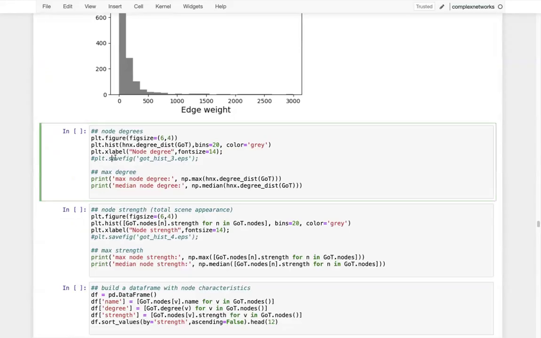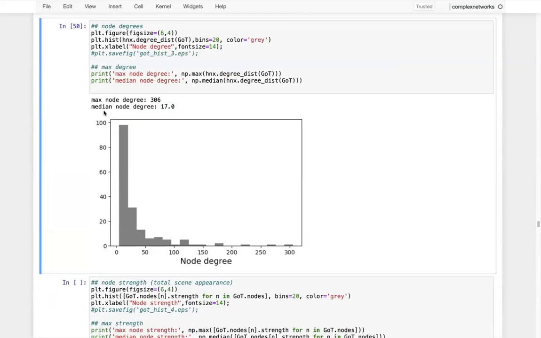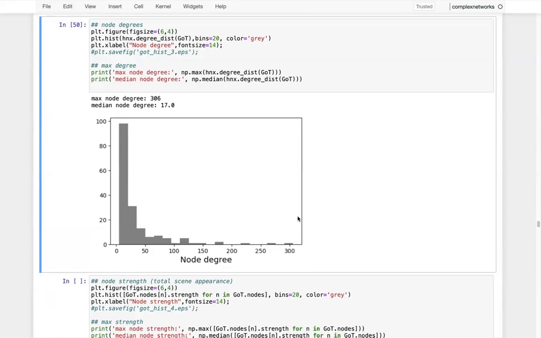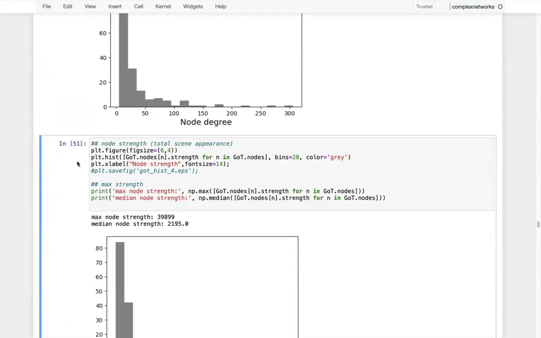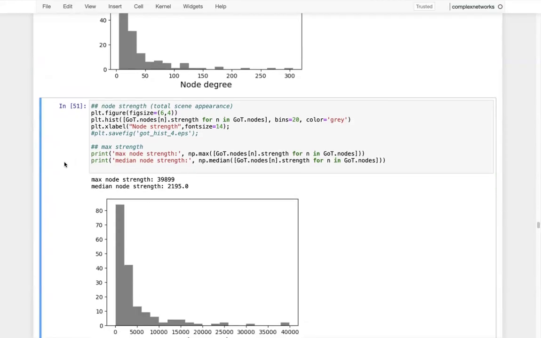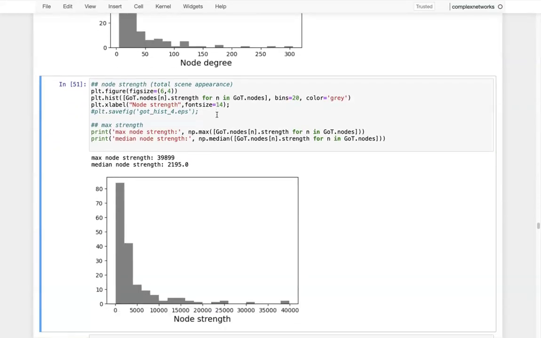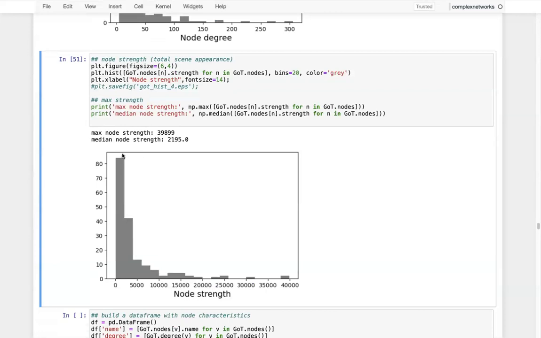Probably some epic battle or something. And the degree distribution also: again, most of the nodes have relatively small degree, but some are very high, in the hundreds. The main characters, most almost surely; we're going to see that soon. And then the distribution of node strength, the total scene appearance for the characters. Again, it varies a lot.